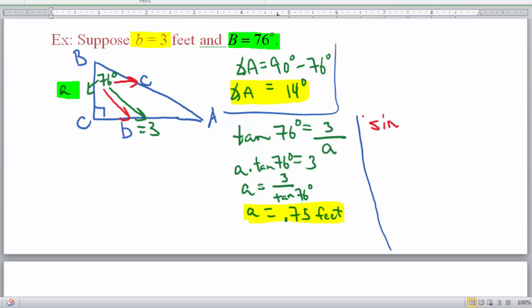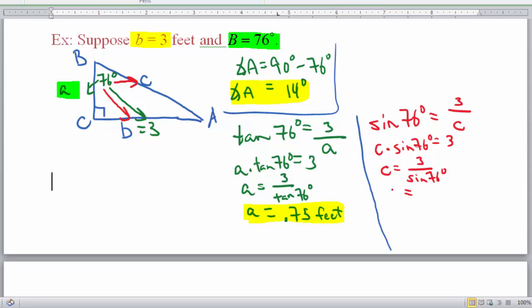The sine of 76 degrees by definition is equal to the leg opposite, which is 3, over the hypotenuse, which is C, what I'm trying to find. Again, cross multiply, so C times the sine of 76 degrees equals 3, and then divide by the sine of 76 degrees. So I have 3 divided by the sine of 76 degrees.